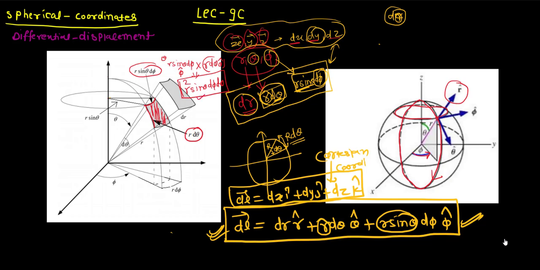The magnitude we have found is r square sin theta d phi d theta. If you take theta cap cross phi cap, you will find r cap. Here in this case, we are first taking phi cap cross theta cap, which is simply minus r cap.